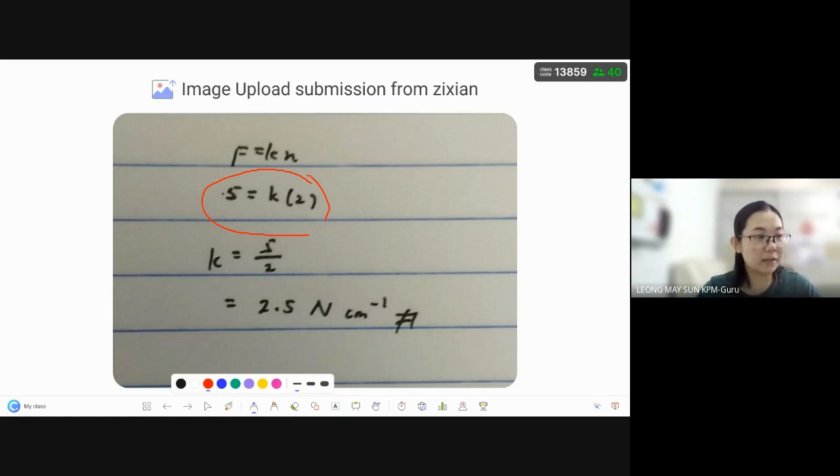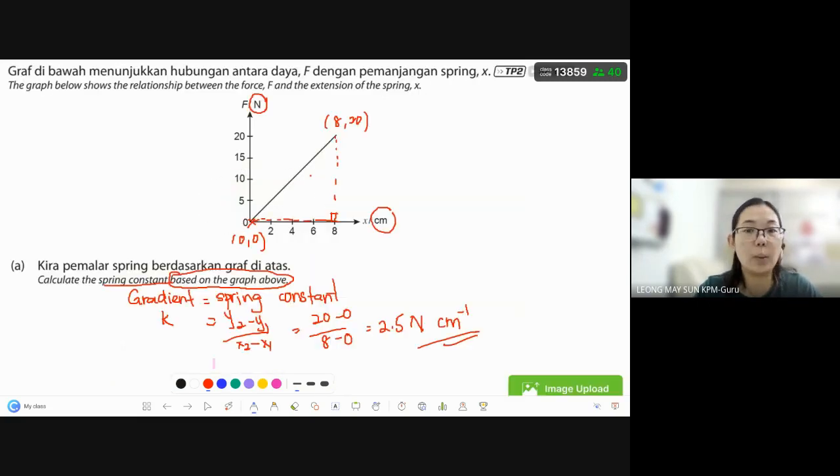You can convert from centimeter to meter, which means 8 centimeter to meter, then the answer would be 250 Newton per meter, if I'm not wrong. 8 divided by 100, 20 divided by answer. Yeah, 250. So the answer is actually 250 Newton per meter.